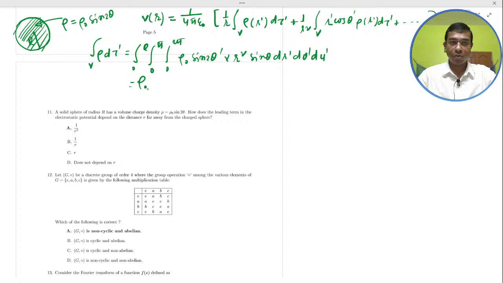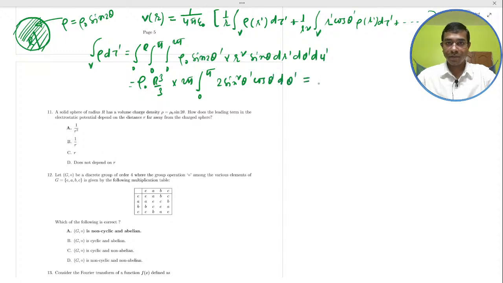So this will become rho naught r cube by 3 into twice pi, integral 0 to pi of 2 sine square theta dash cos theta dash d theta dash. So this will become 0. After the integral, it will become 0.